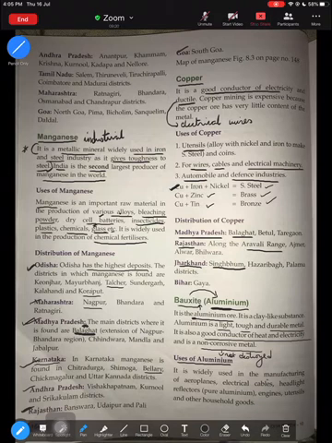It is widely used in the manufacturing of aeroplanes, so in the airline sector this is very much used. Also cables, headlight reflectors, engines, utensils, and other household goods. Bauxite is a very important mineral. You might get a question, why is it a very important mineral?